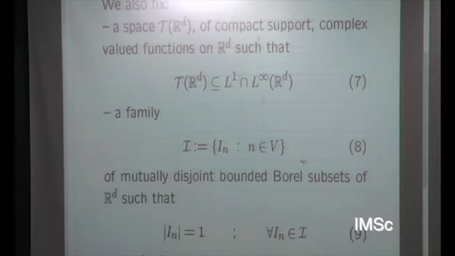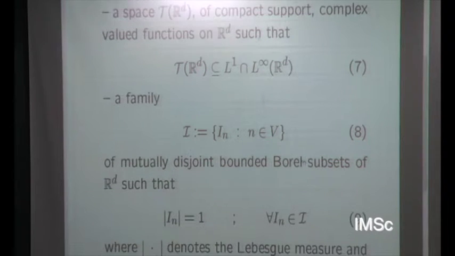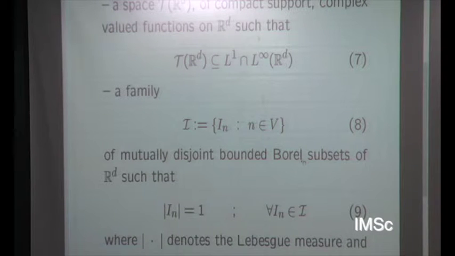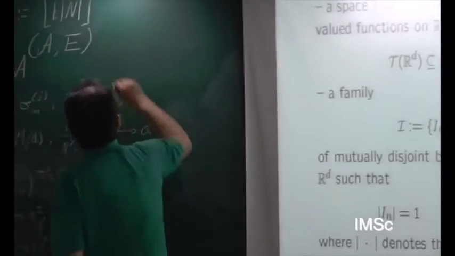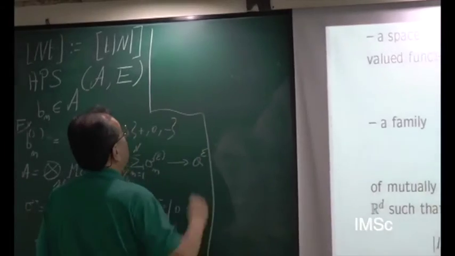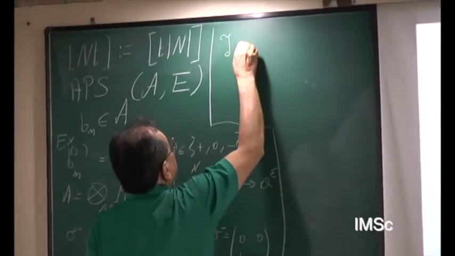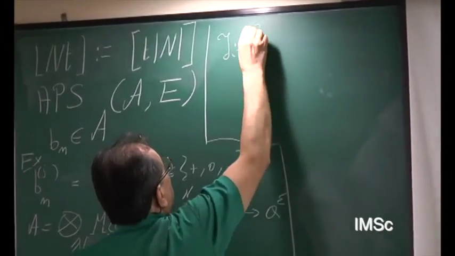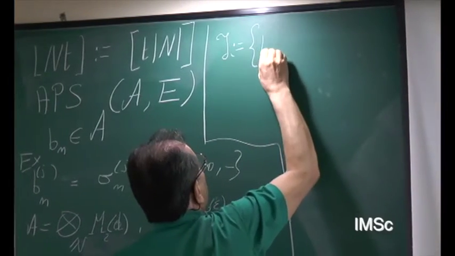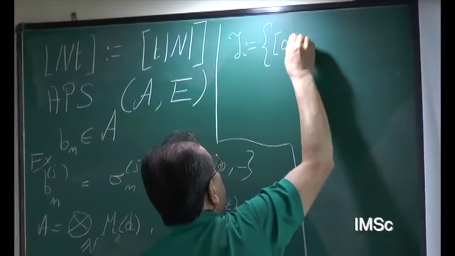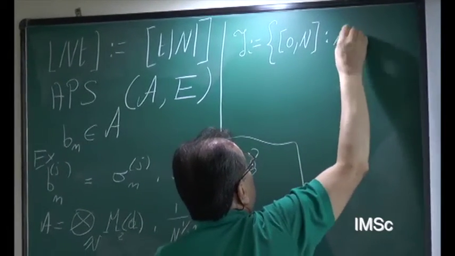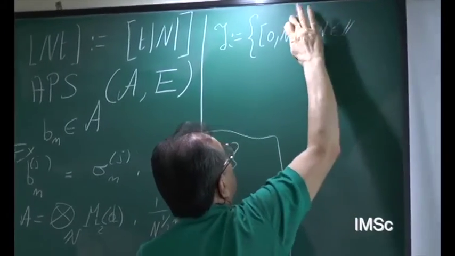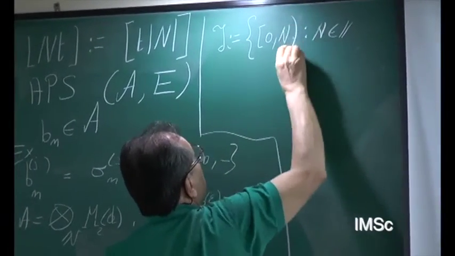Okay. We have a space, and it is important to choose the family that we take. In one dimension, this family I is simply the family of all intervals. The simplest possible, the one-sided central limit theorems. It's convenient to have a partition.